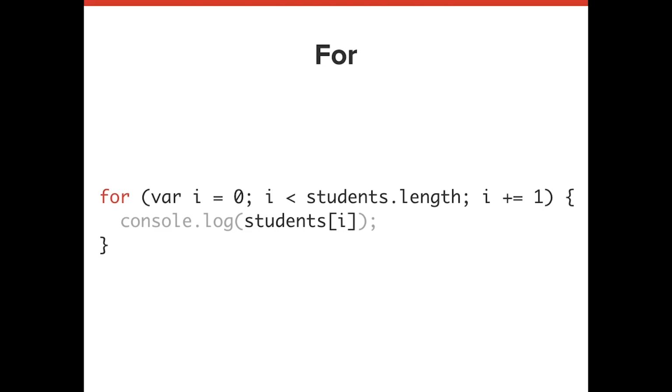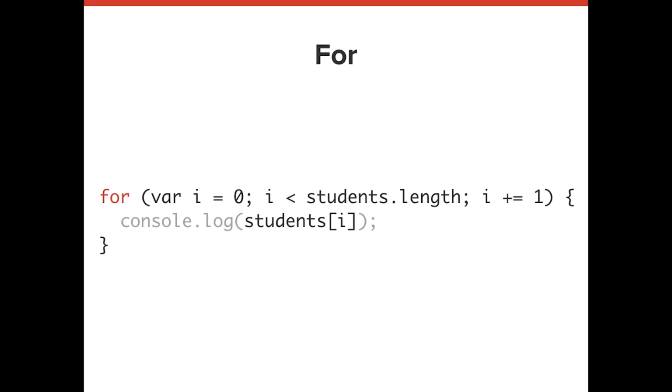And then you have the second statement, i lesser than students.length. This is the break condition of the loop. It's a condition which will return true or false. And basically, if this condition is true, it will go inside the loop, execute the code between the curly braces, and then go to the third statement, which is a statement executed after each loop.